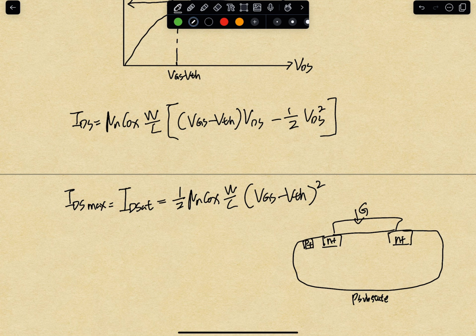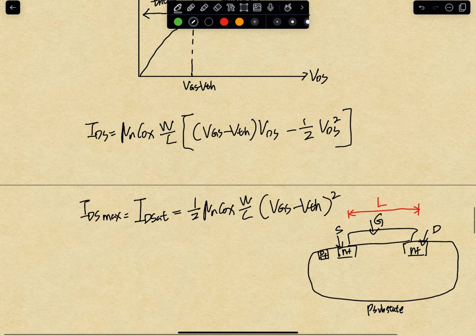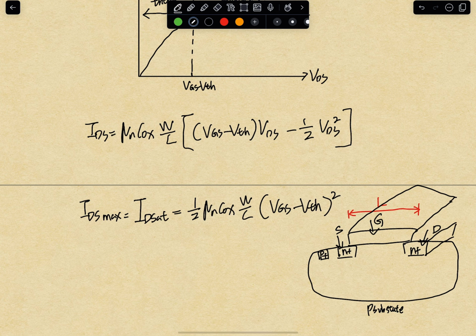This is the gate, this is the drain, this is the source. This will be the length L, and you have the diffusion, so this is the W. So that is the W and L for this equation.